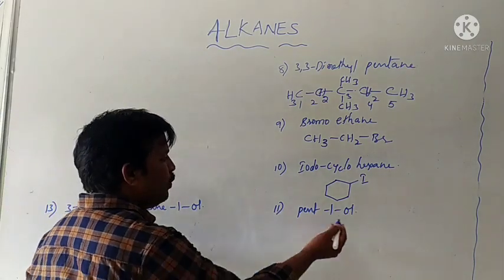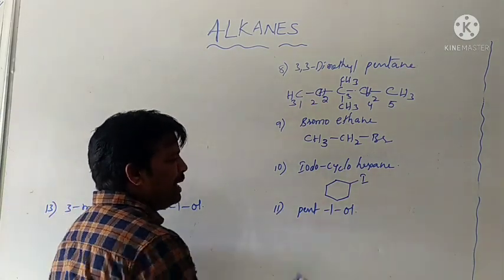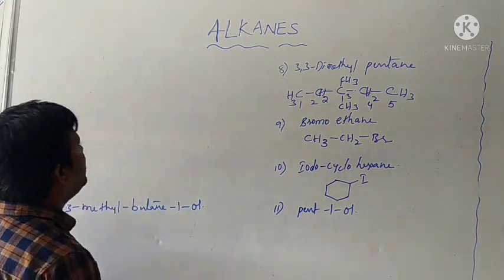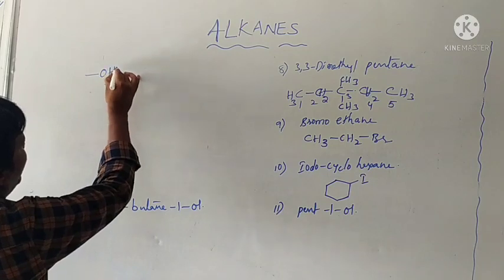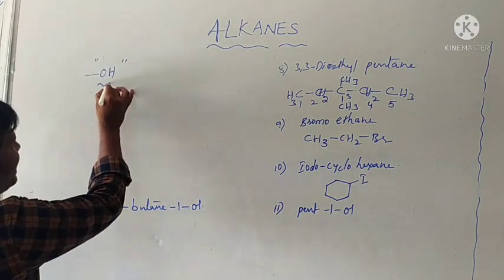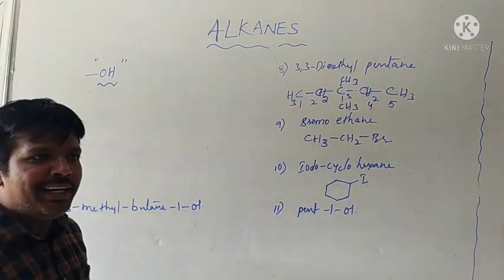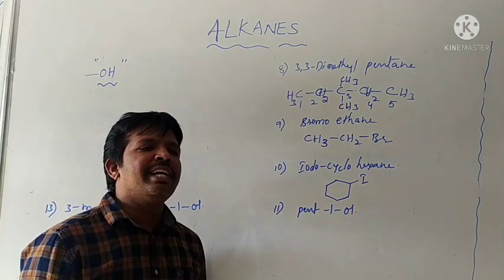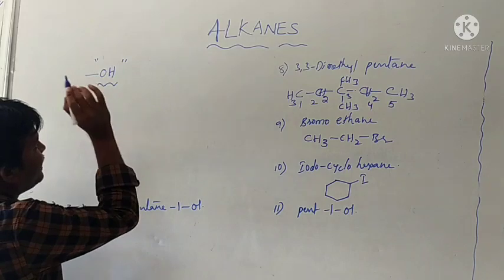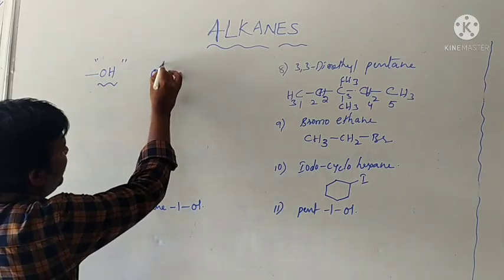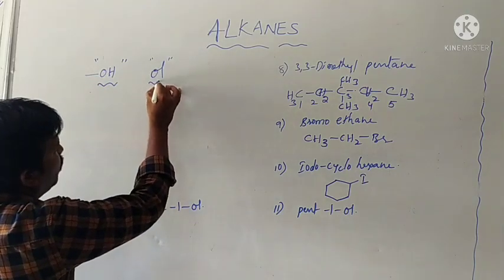And pentan-1-ol. What is meant by ol? Ol is for any carbon chain which has an OH group, the hydroxy group, present as a functional group in that carbon chain. For the hydroxy functional group, as a suffix we have to add ol.